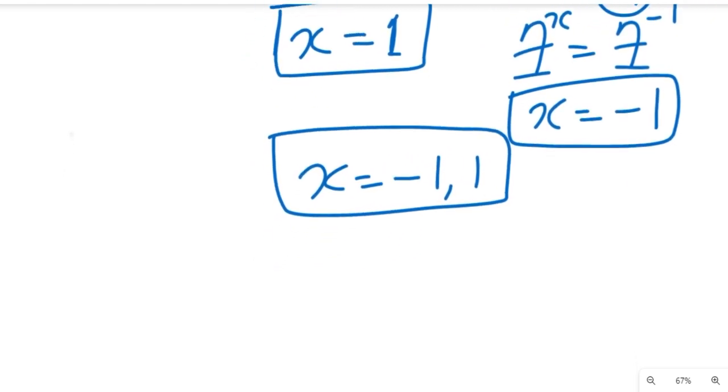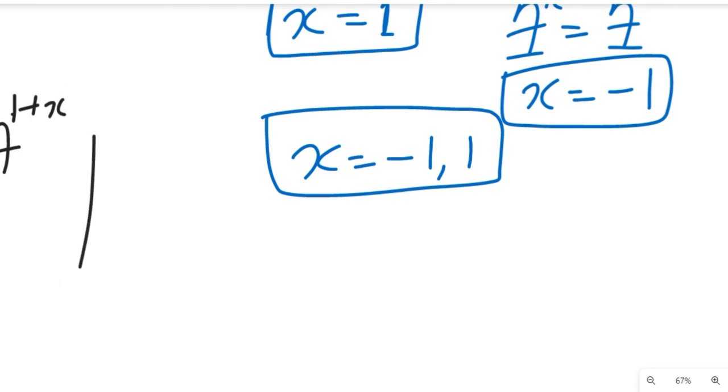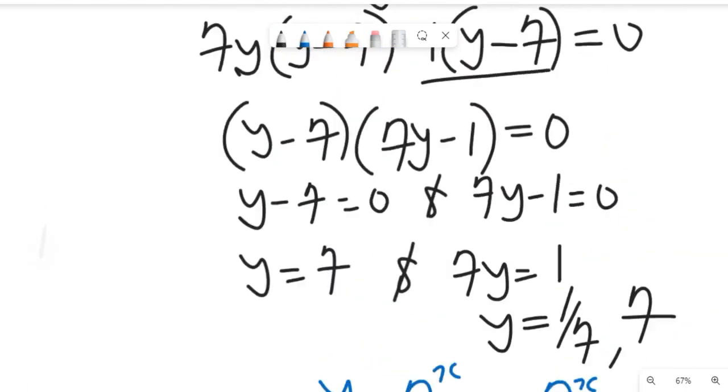exponential equation. Now let's check if our result is correct. Now remember the initial equation we are given: 7 to the power of 1 plus x, right? 7 to the power of 1 plus x. That was our initial equation.